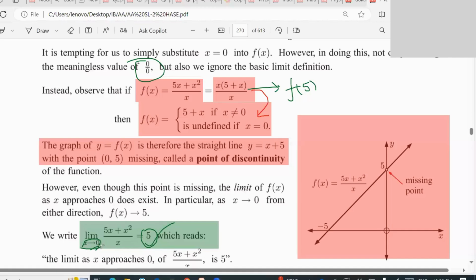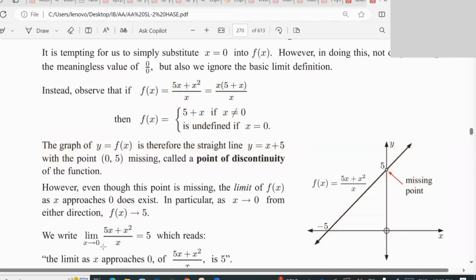Because the number right before zero, this guy is not saying that I'm sitting on 5. This guy is not saying that I'm sitting at x equals 0. The one who says limit x tending to 0 is very clearly telling you either I am reaching from this side towards x or I am reaching from this side.